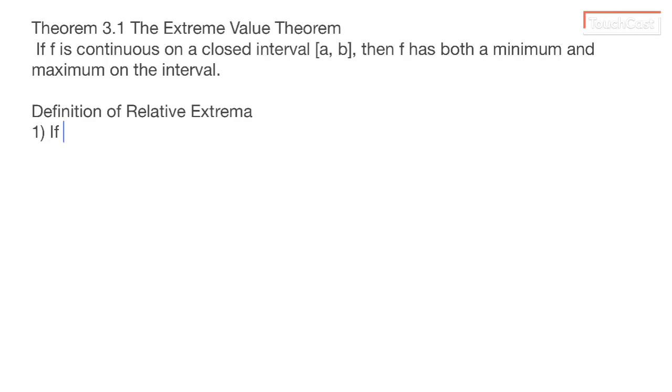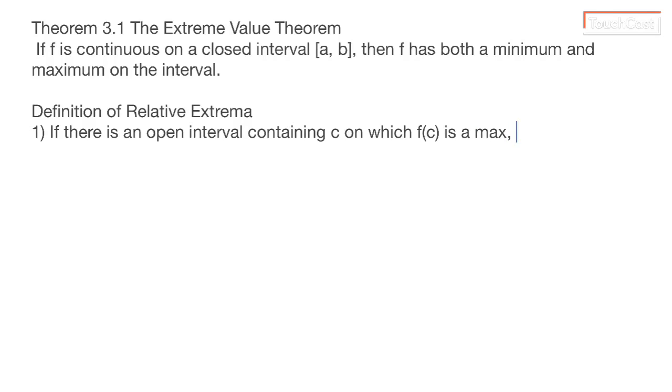The first part says if there is an open interval containing a value c on which f of c is a maximum, then f of c is called a relative max of f at the point c, f of c.